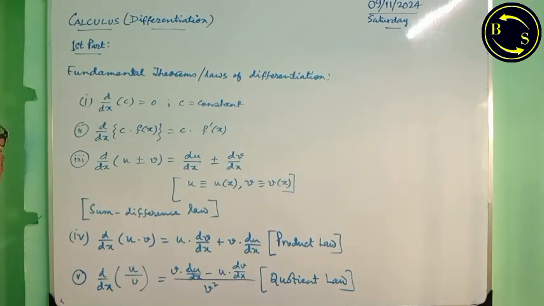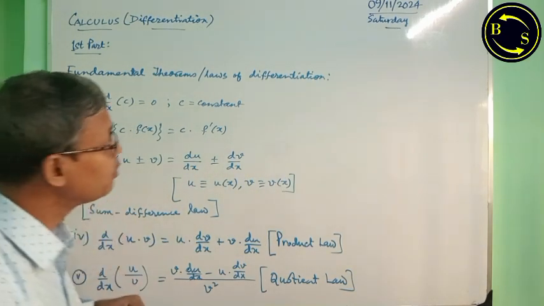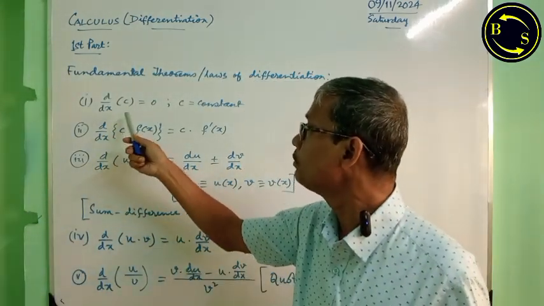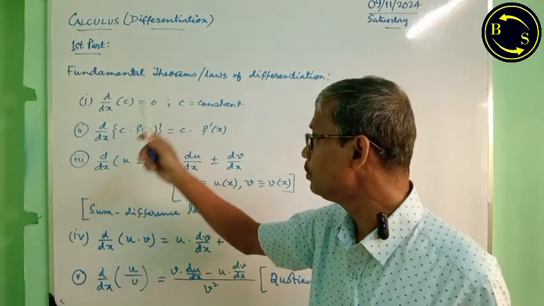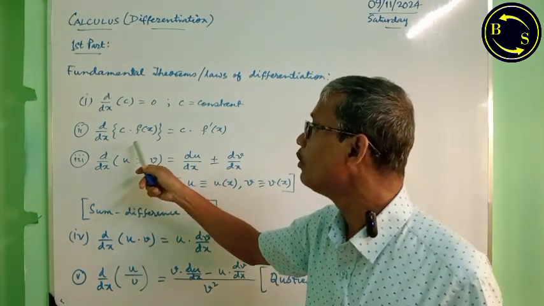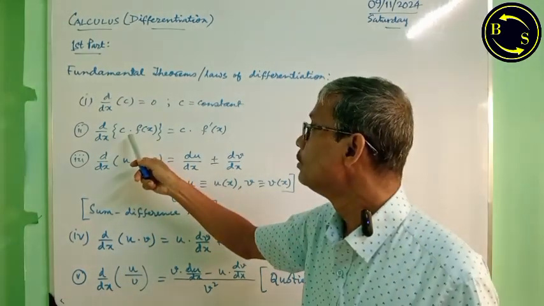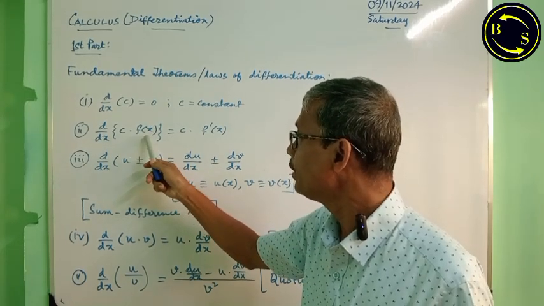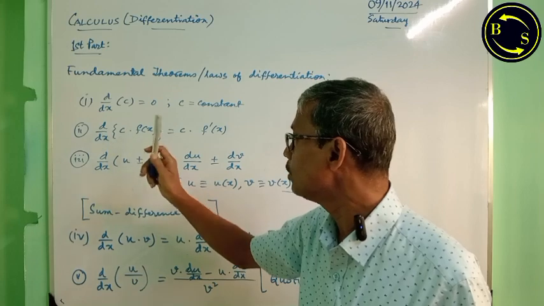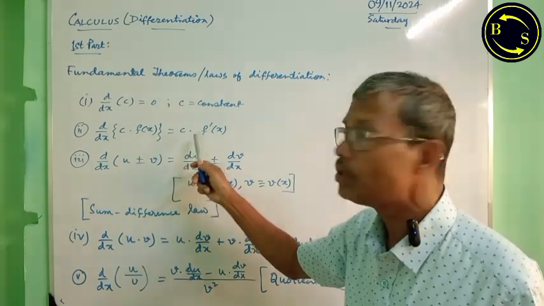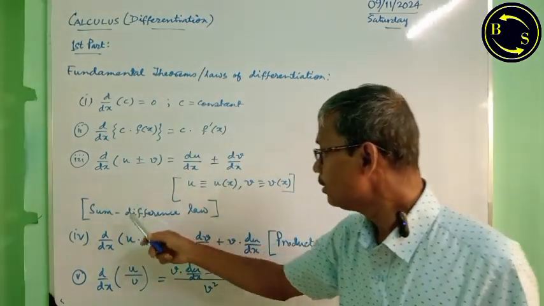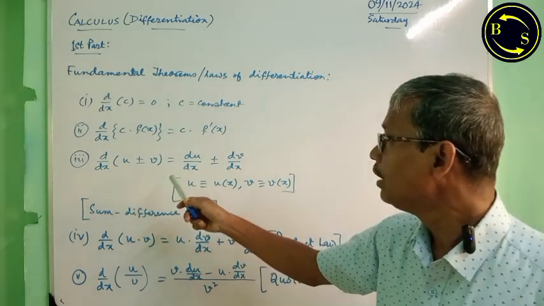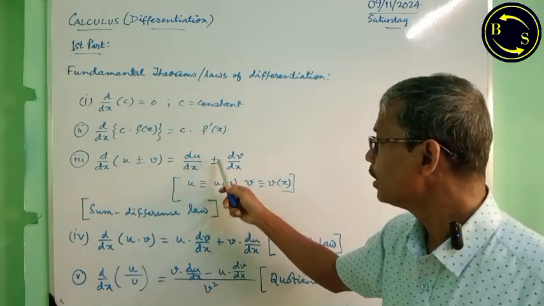These are the fundamental theorems of differentiation. First of all, the derivative of a constant will be equal to 0. Then the derivative of the product of c and f(x), where f(x) is a function and c is a constant, will be equal to c into f'(x). Then the sum difference formula, d/dx of u plus minus v is equal to du/dx plus minus dv/dx.